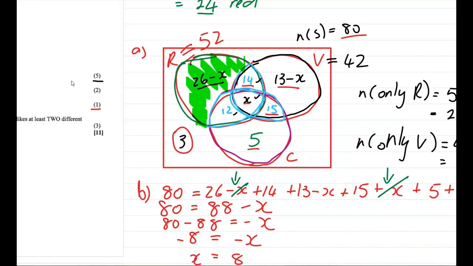Does that make sense? Yes, sir. So where are the parts where learners like 2 or more sports? There by the center. The center, that's where they like 3. Yes. Where do they like 2?